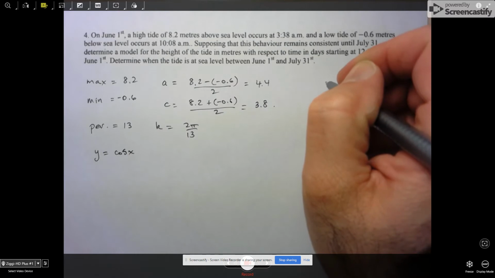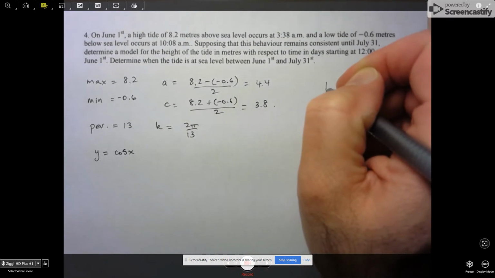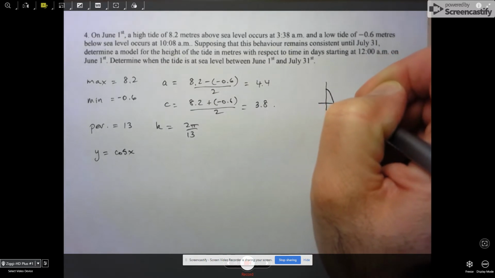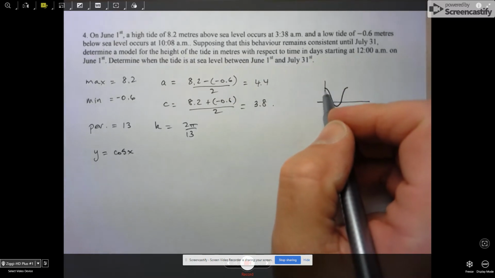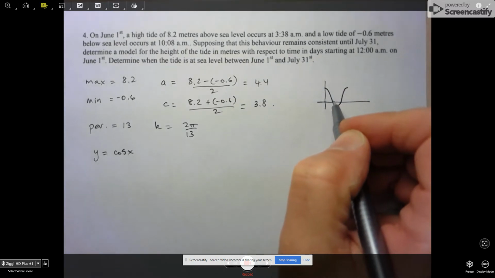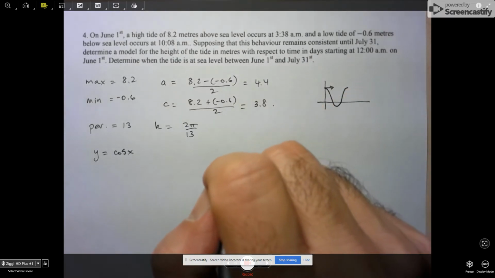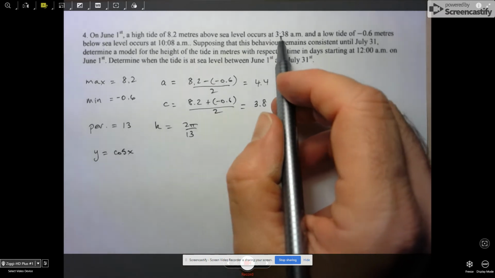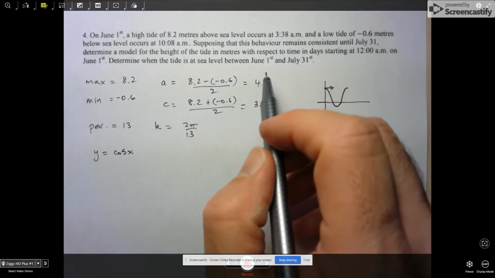So here, if I just draw this without a phase shift, so starting with cos x, which starts at the maximum, but the maximum does not occur at 12 a.m., it occurs later on. So that means I have to move this function to the right by 3 hours and 38 minutes. But I don't want to work with hours and minutes. I'd like to work with decimals here.